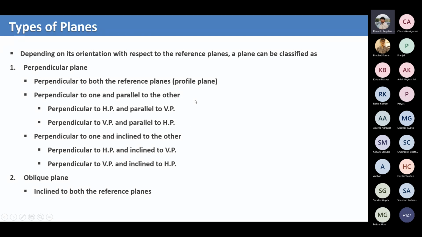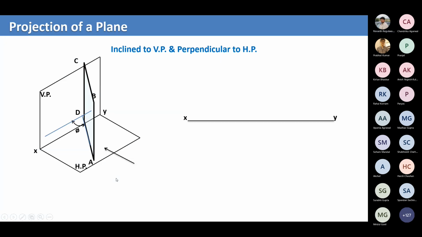This is the same thing as a straight line, where we saw the cases one by one. Planes are also the same: perpendicular to one thing, parallel to another, then perpendicular to one plane and inclined to another plane. And at the end we get inclined to both the planes. Those we'll see one by one.